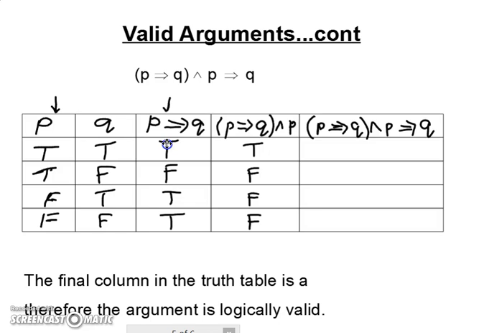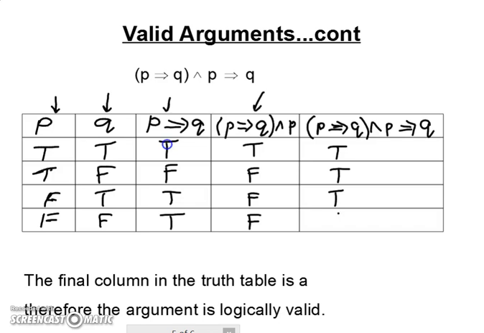Then finally, we have if this column, then the Q column. We have a true, then a true. That would make it a true. We have a false, then a true. That is a true statement. We have a false, then a true. Same as above. And a false, then a false statement.